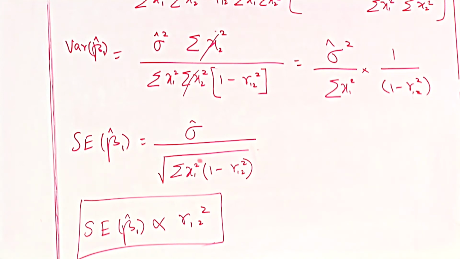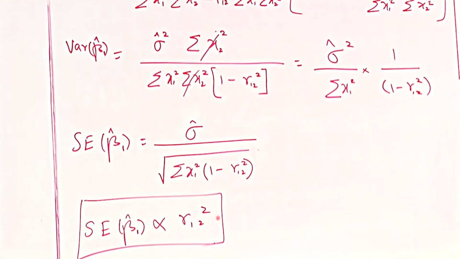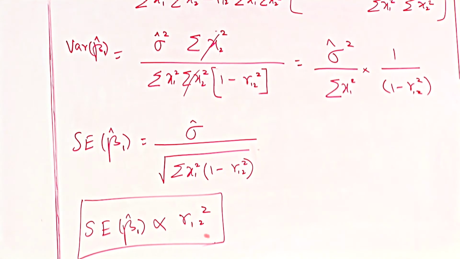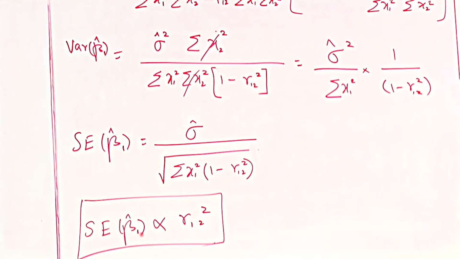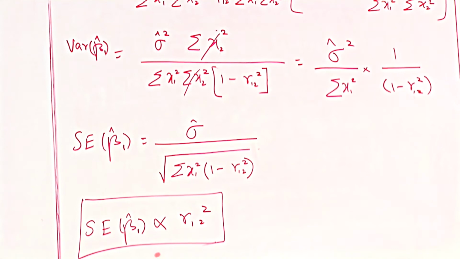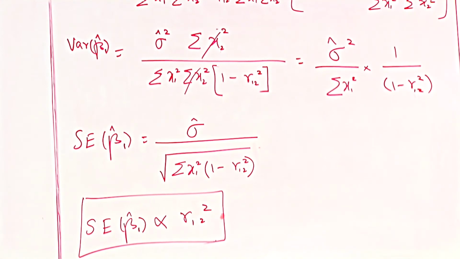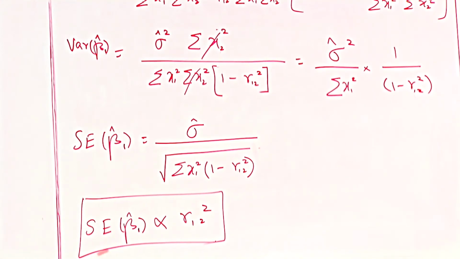We may infer from this that the standard error of beta 1 hat is proportional to r12 square. That means when the correlation between x1 and x2 increases, the standard error of beta 1 hat is inflated by some factor.